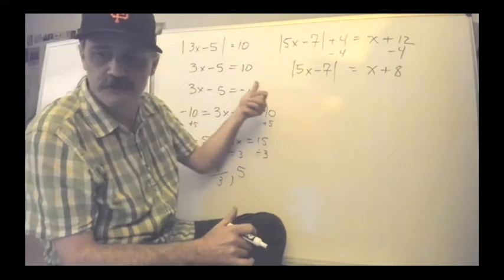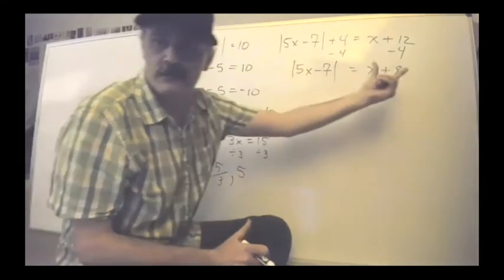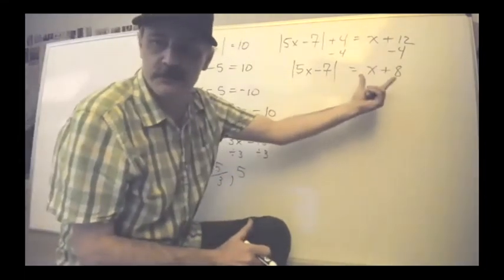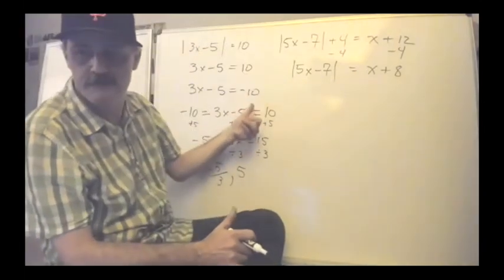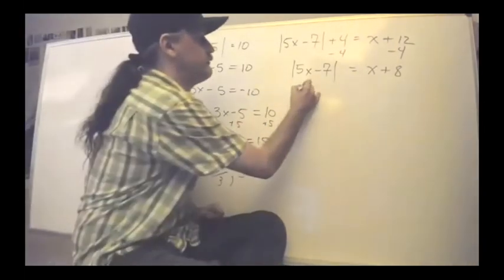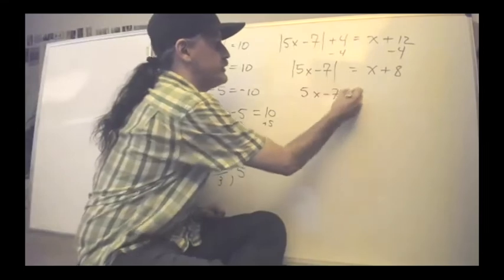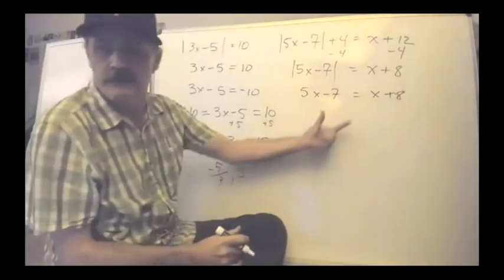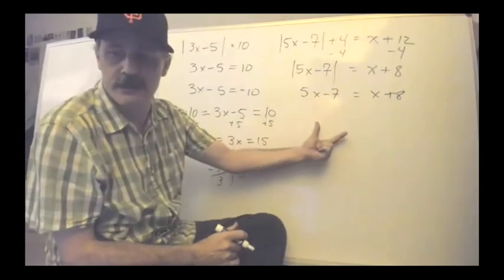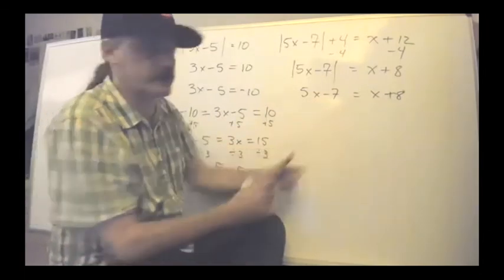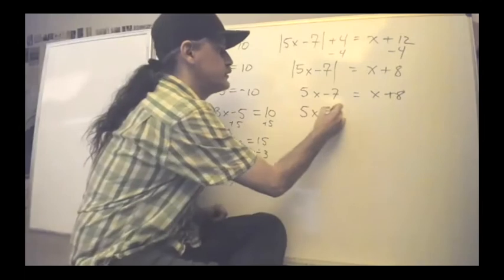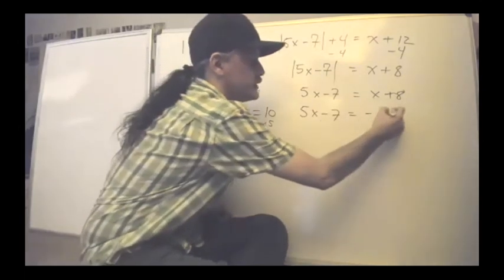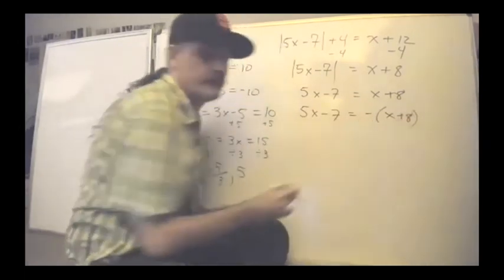And so just like over here, the right side was 10, here the right side is x plus 8. I'm going to take the 5x minus 7 and put it equal to the same thing. And then the next step, we change the sign. Okay, so then the next equation, we change the sign of the other side.